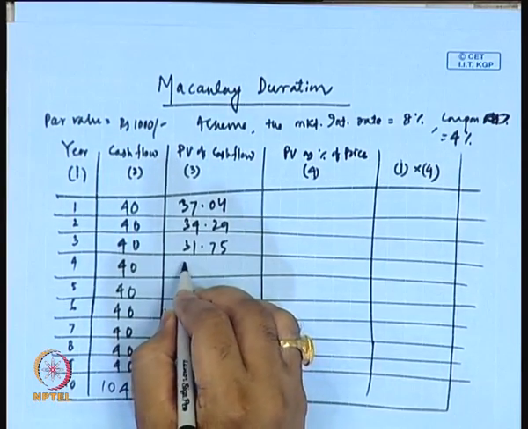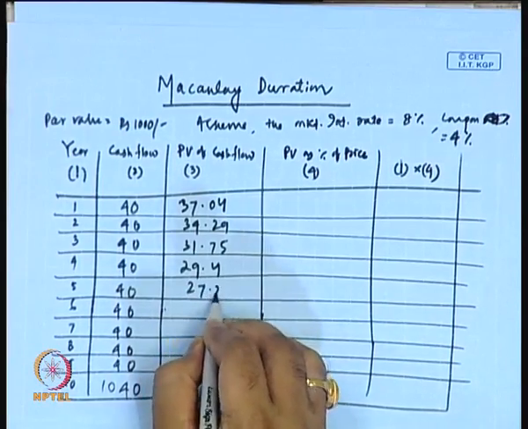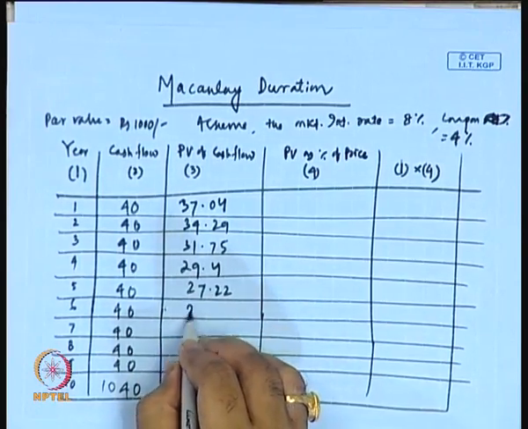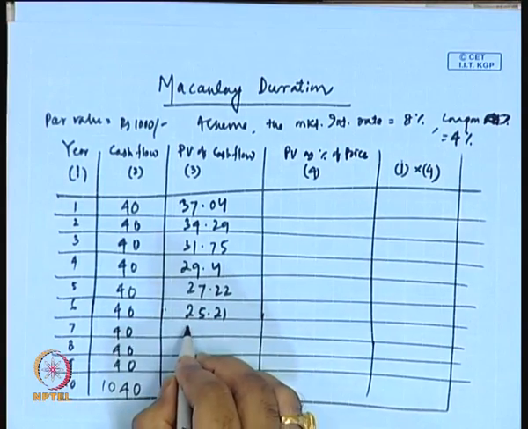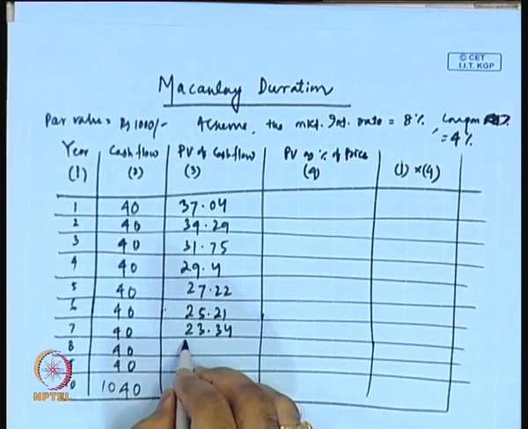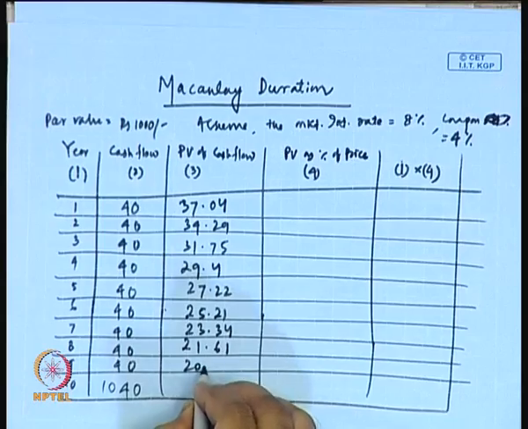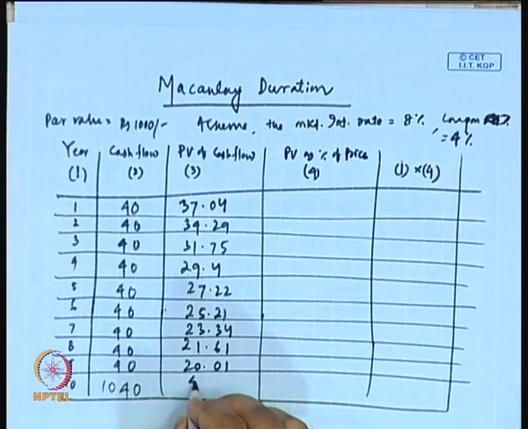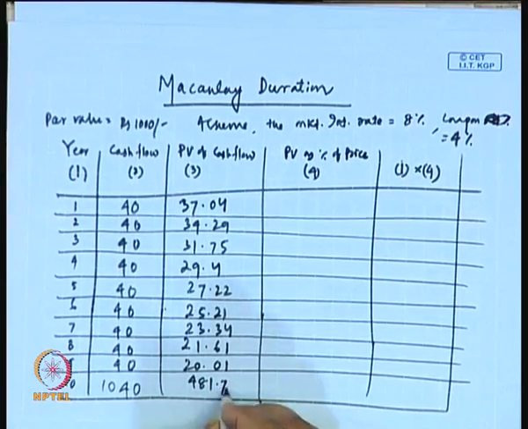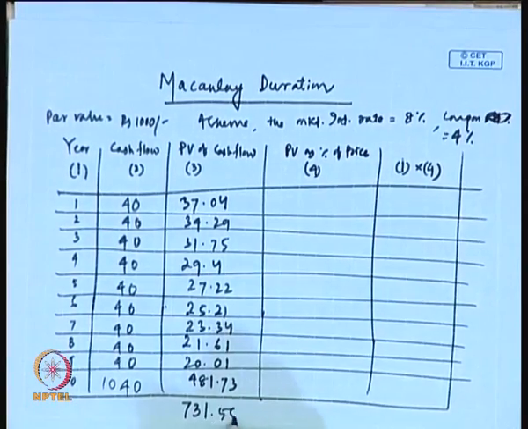This is 29.4, this is your 27.22, this is your 25.21, this is your 23.34, this is your 21.61, this is your 20.01, this will be 481.73, and the total will be 731.58.